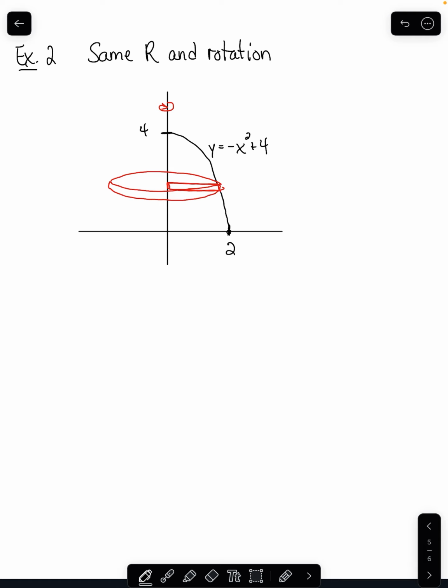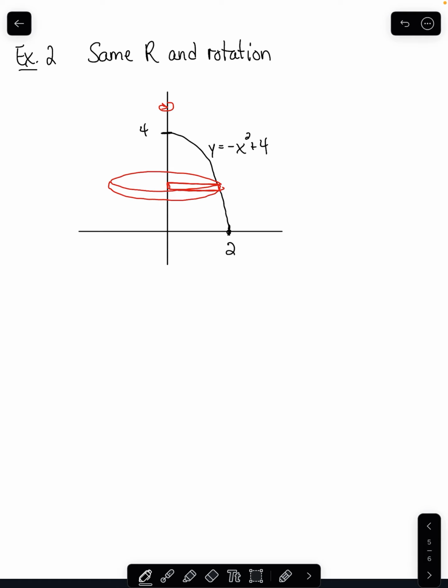And this is why we have the shell method as opposed to the disk method. We have them both because they give us an option. If we are rotating around a vertical axis, then to use the disk or washer method, which has a simpler integral formula, would require us to have to define everything in terms of y.